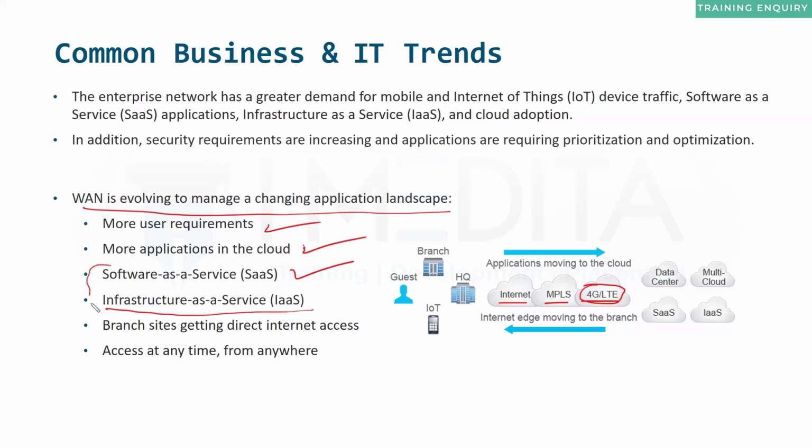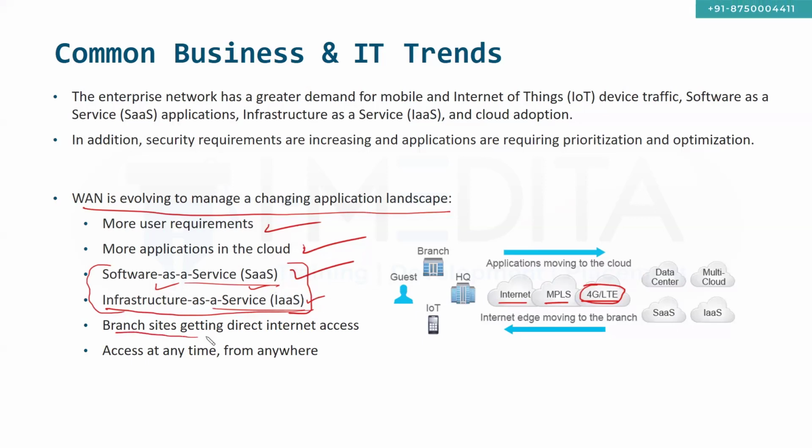Now, it is important for you to understand the meaning of these cloud terminologies, because SaaS, software as a service, or infrastructure as a service, or maybe platform as a service, PaaS, are many terminologies that we use when it comes to the public cloud, right? So it is important for us to understand their meanings, especially SaaS and infrastructure as a service, because Cisco SD-WAN does support integration between the on-prem routers and your SaaS-based applications, or maybe with infrastructure as a service, right?